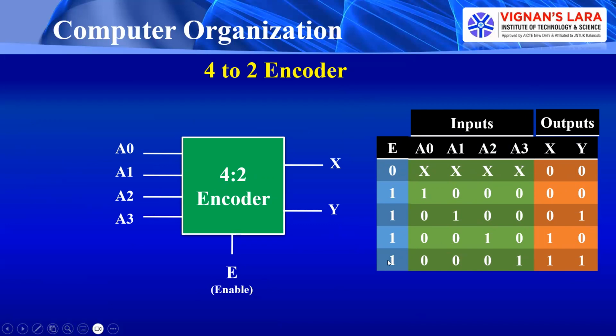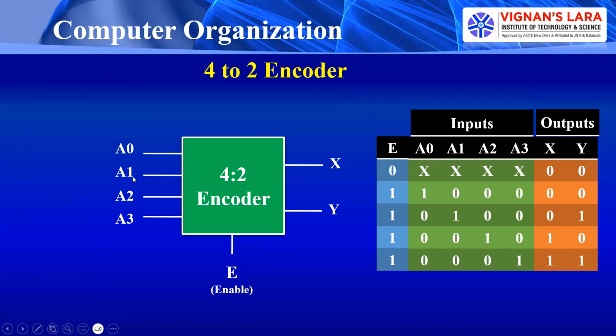If the enable input is active, then we consider the combination present on A0 to A3. If the enable signal is 1, A0 is 1, and the remaining are all 0, that means the encoder has to produce the binary code for input A0. So for A0, the XY value is 0, 0. Next combination, enable input is 1.